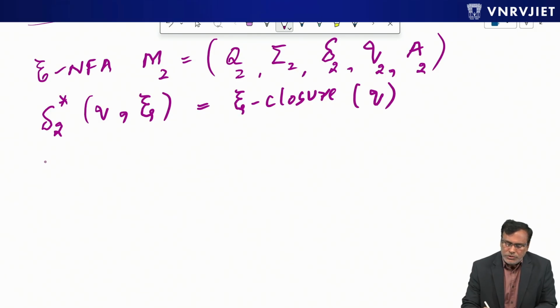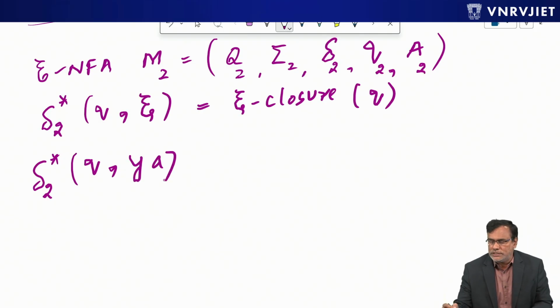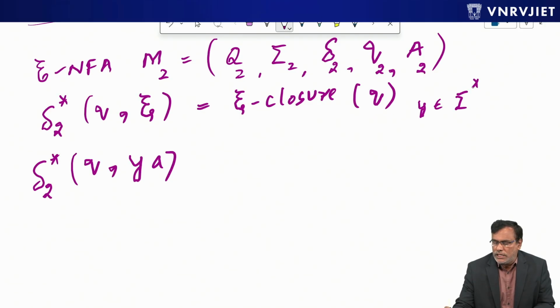Next, coming to delta 2 star of q, ya, or say xa, where y belongs to sigma star and a belongs to sigma.